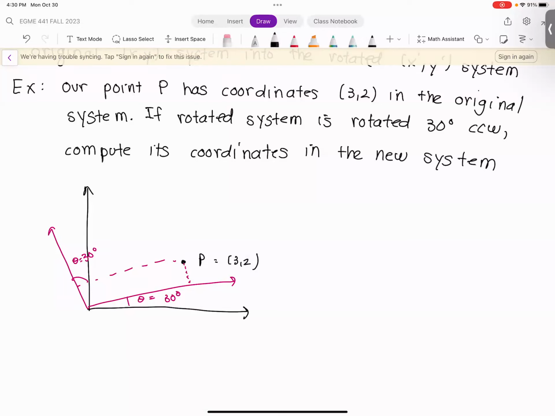So let's compute our transformation matrix. I'll call it R, for rotation.